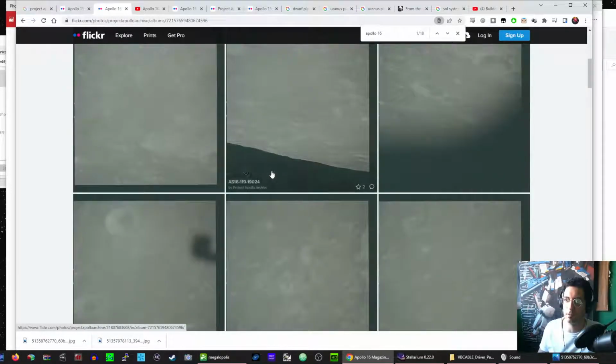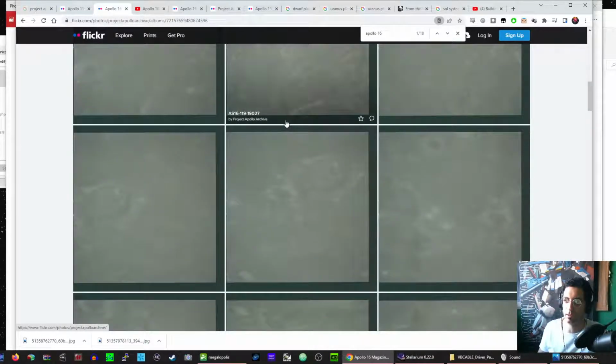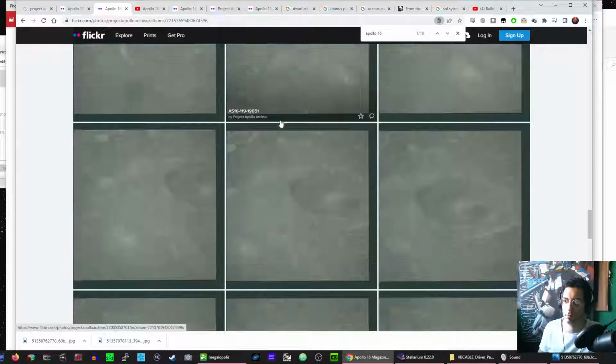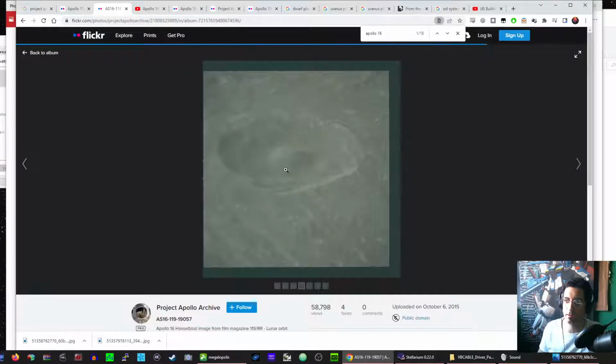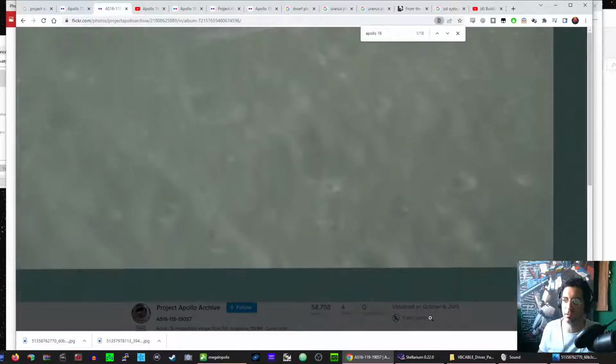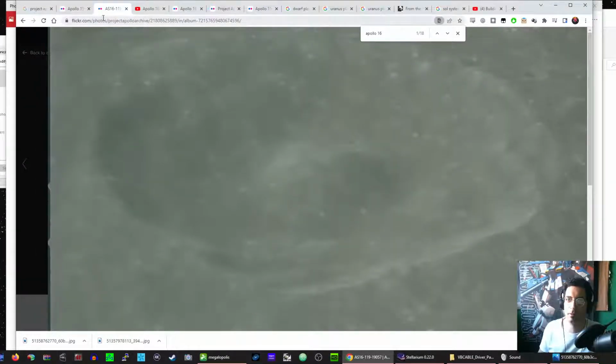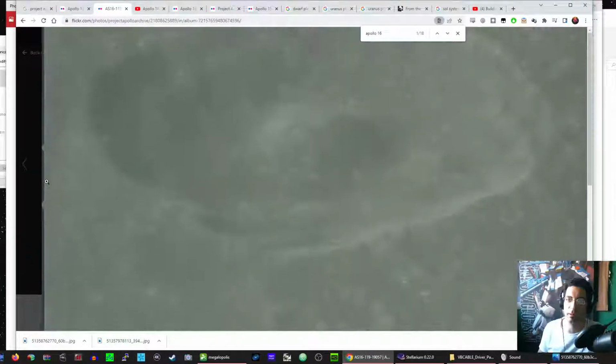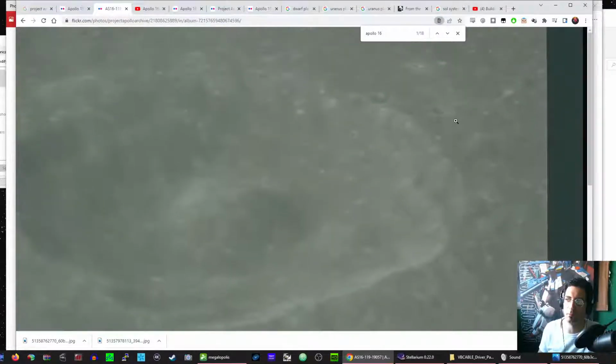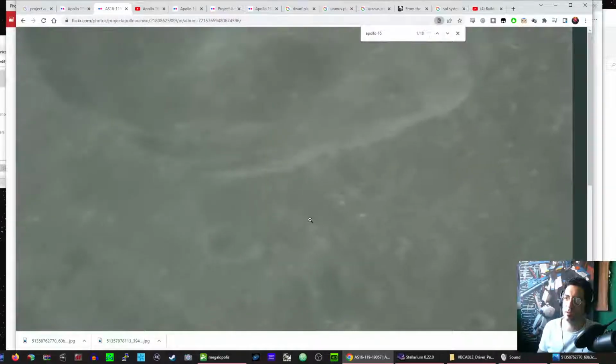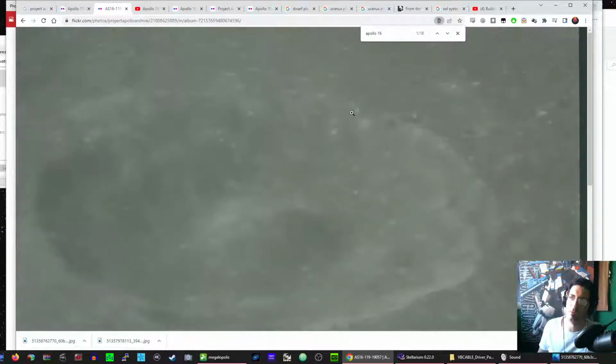And these are some of the images while preparing to land. And it's like, why would you fake such a low quality photo? You would bust your ass to make it look real. Okay, maybe that's not a good talking point, but it looks real enough to me.